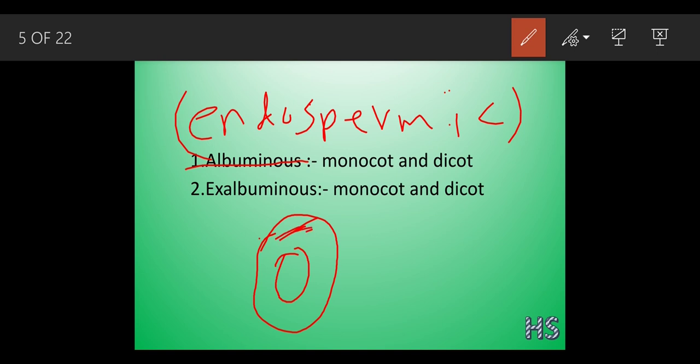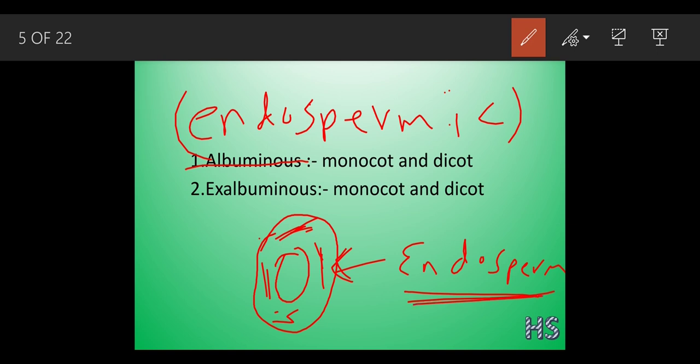And this outer structure, which I am marking right now, what is this? This is nothing but the endosperm. And what would be the function of this endosperm? The function of the endosperm is to nourish the seedling during the early development. This endosperm provides the nourishment, and this nourishment will be stored inside this cotyledon.